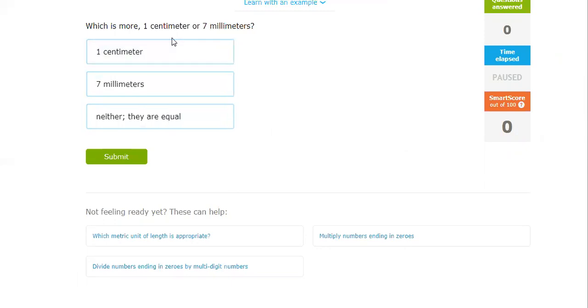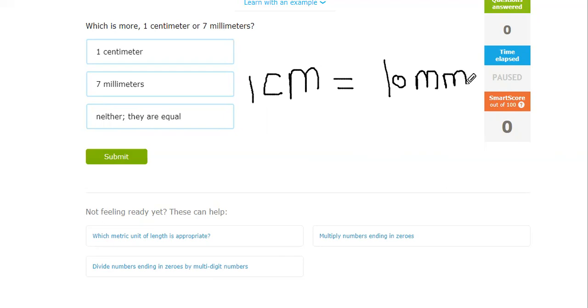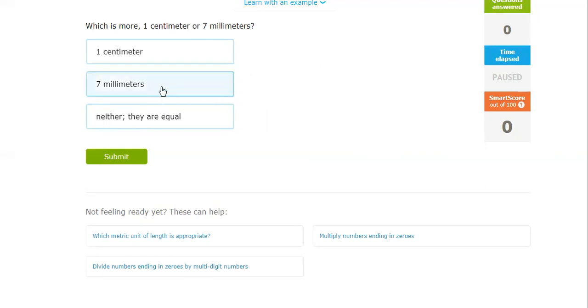I know that 1 centimeter equals 10 millimeter. So definitely, which one is greater, 1 centimeter or 7 millimeter? Exactly, 1 centimeter. Well done.